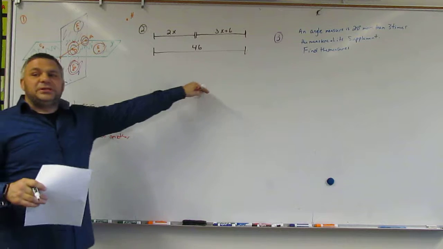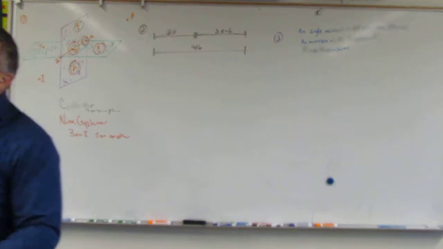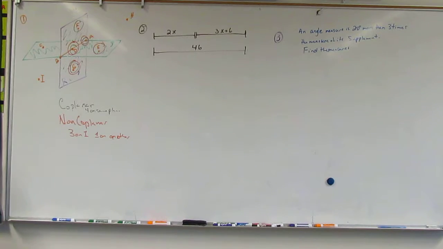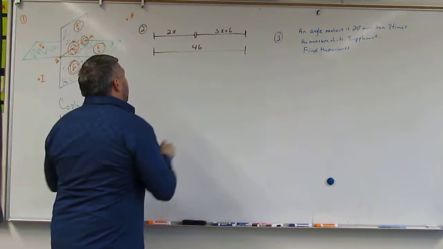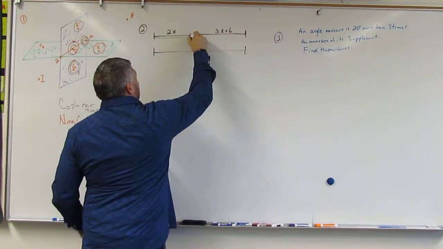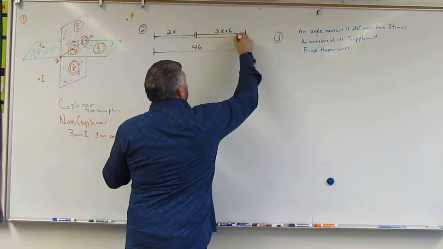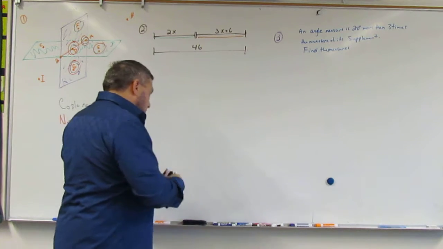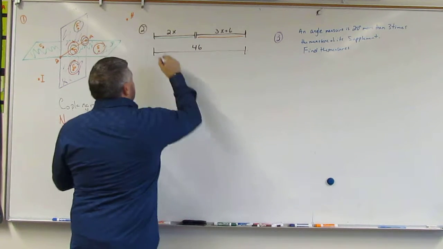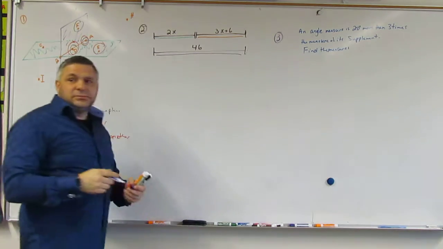Alright, number 2. It's just like the ones we've been doing in chapter 1. And that is, if I add this green piece plus this orange piece, I would get this purple piece. Okay?